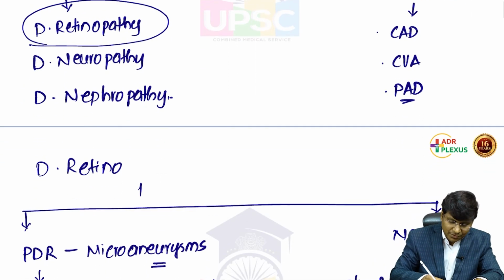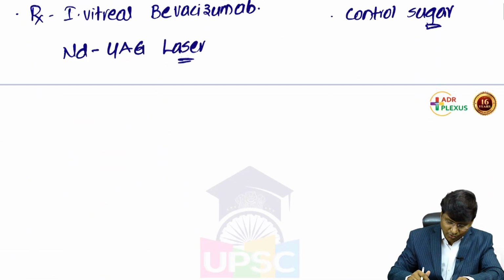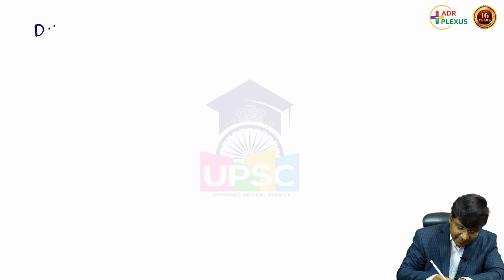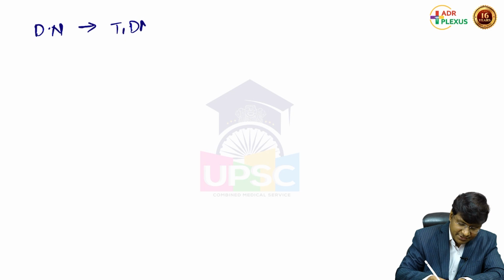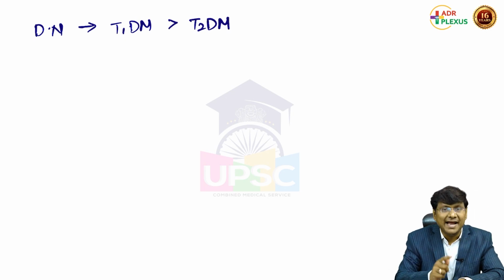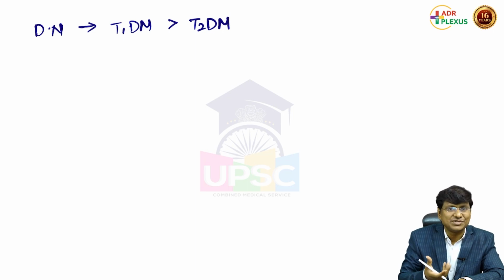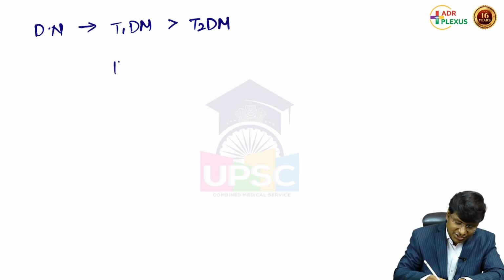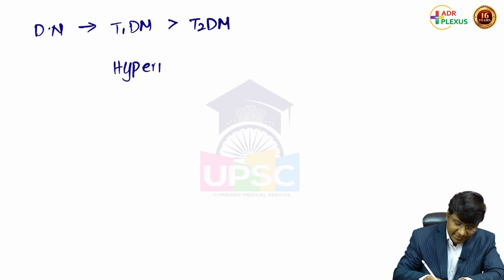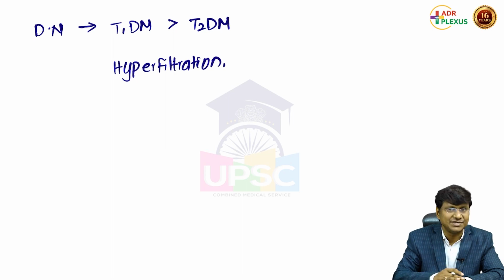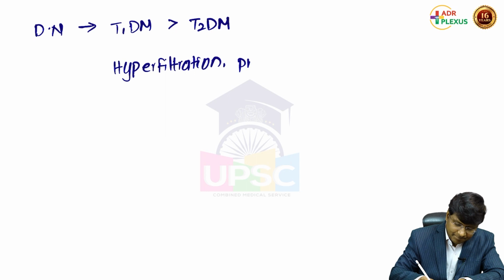Then coming to diabetic nephropathy. This is very common in type 1 diabetic patients compared to type 2 diabetic patients. What will be the manifestations in diabetic nephropathy? Initially there will be hyperfiltration, so there will be an increase in the GFR in the early stages, followed by proteinuria.